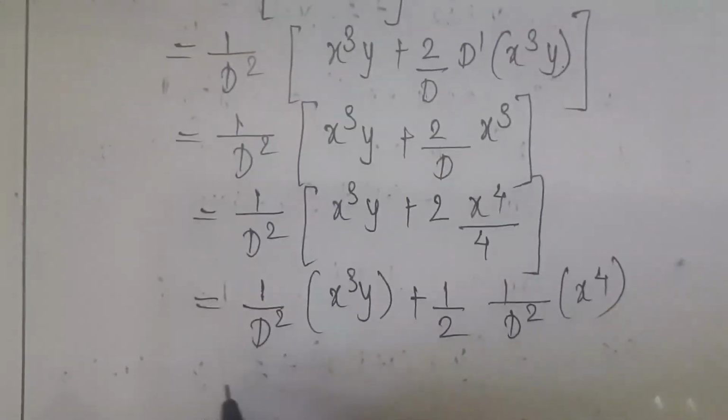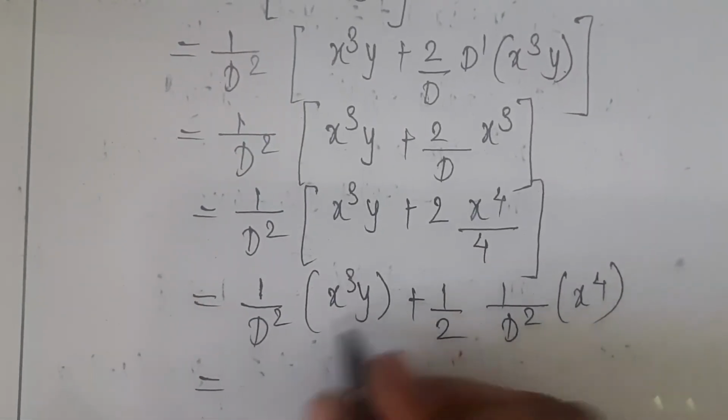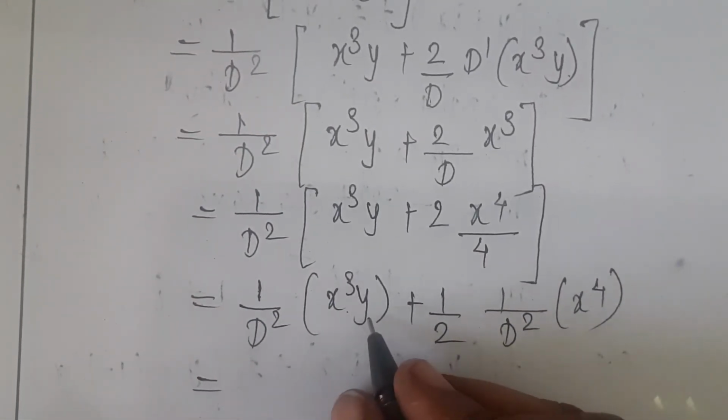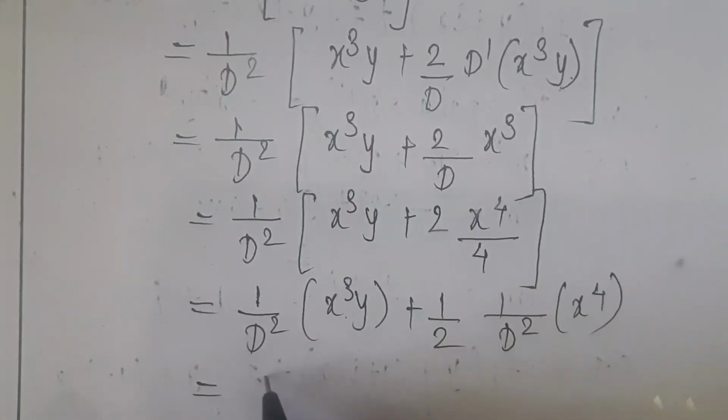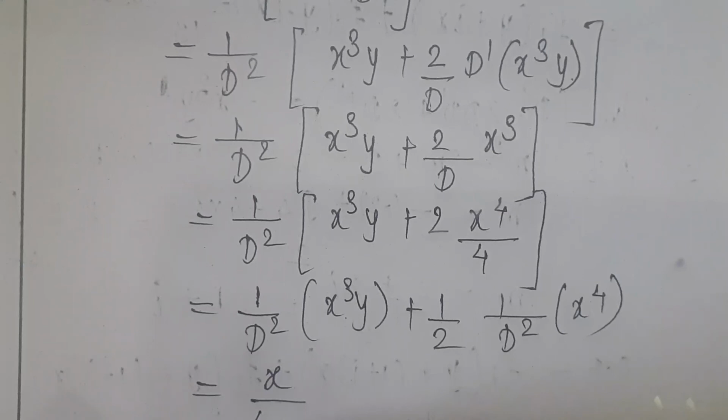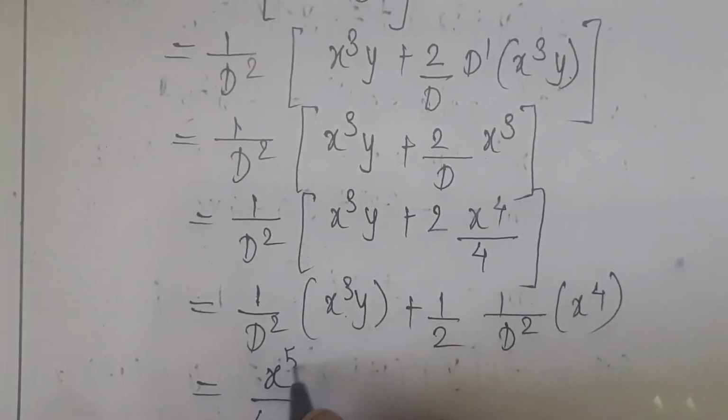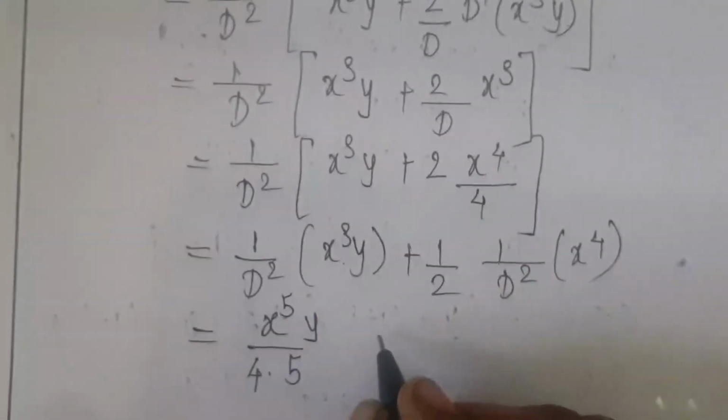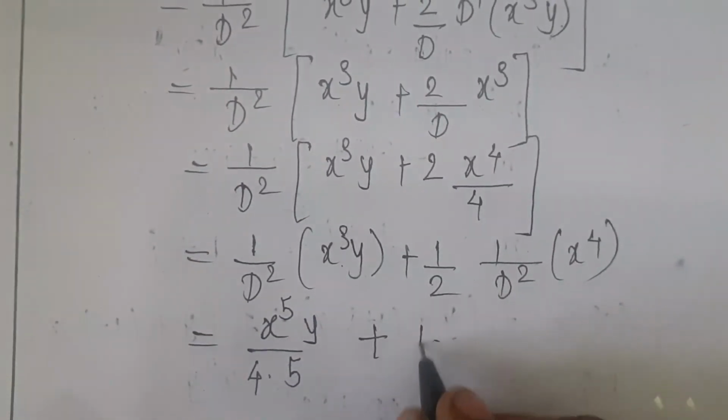Now simplify it. 1 by D square means double integration of x cube with respect to x. So it is x to the power 4 by 4 and x to the power 5 by 5. So it is 4 into 5, x to the power 5 into y. Directly I have found it here, plus 1 by 2 times.